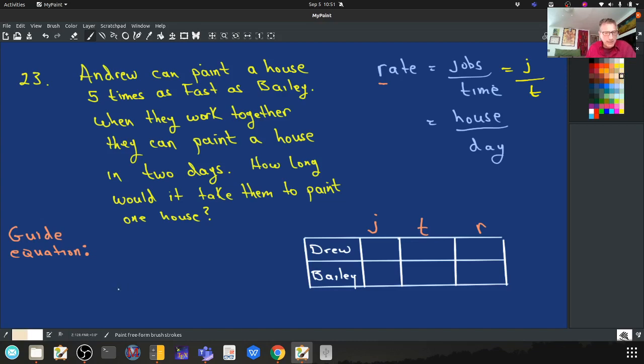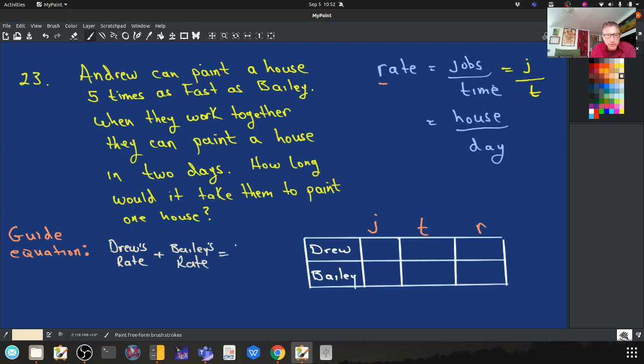So basically, the equation is Drew's rate, and by that I mean his rate of painting a single house, plus Bailey's, well, what does that equal?